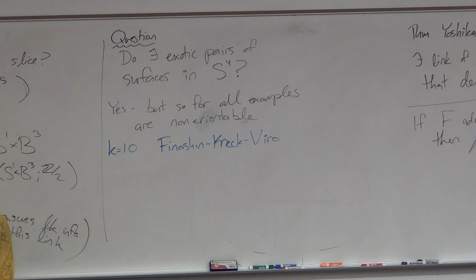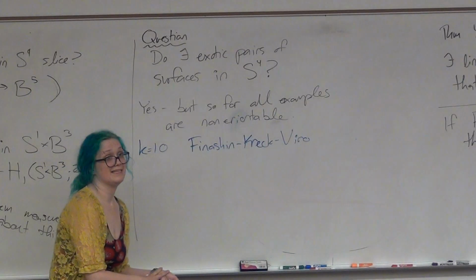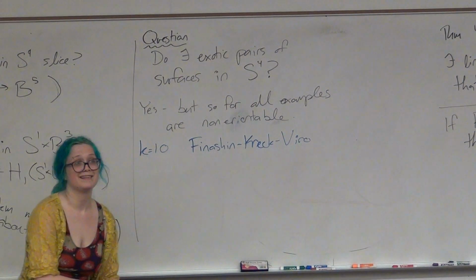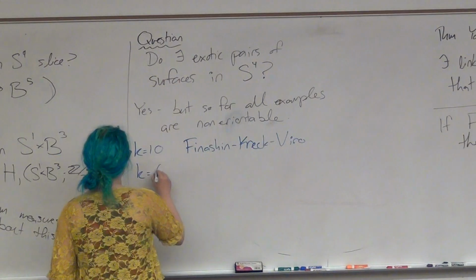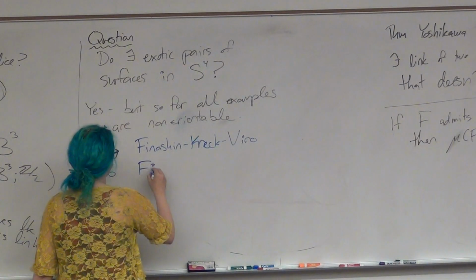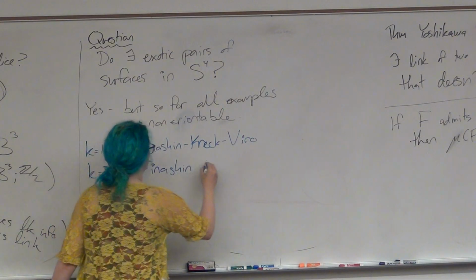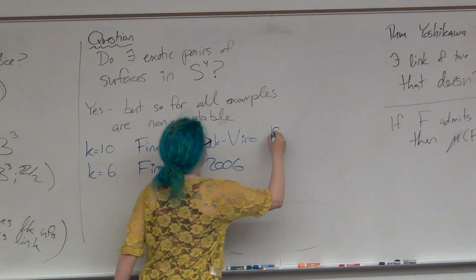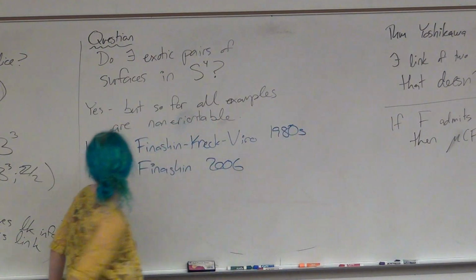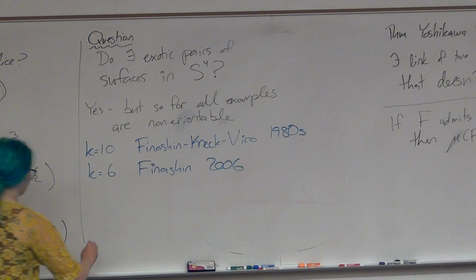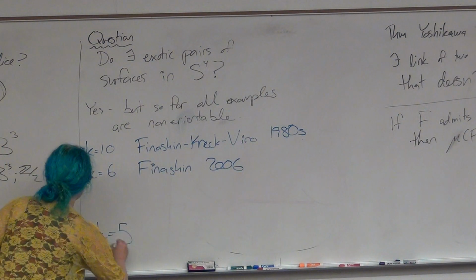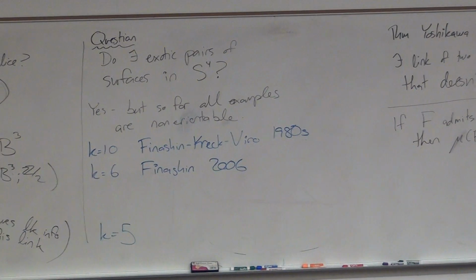That's pretty hard. And then they had to prove that they weren't smoothly isotopic, which is hard, but honestly I think the first part's harder. And then Finashin simplified this a little bit many years later to cross-cap number 6. And then last December, there was a paper for cross-cap number 5.